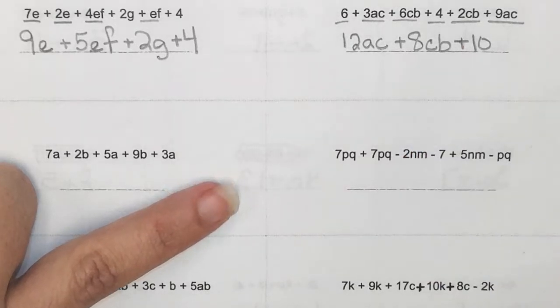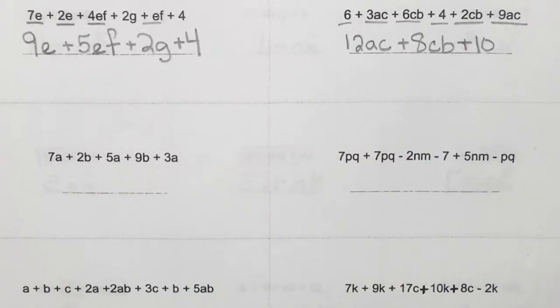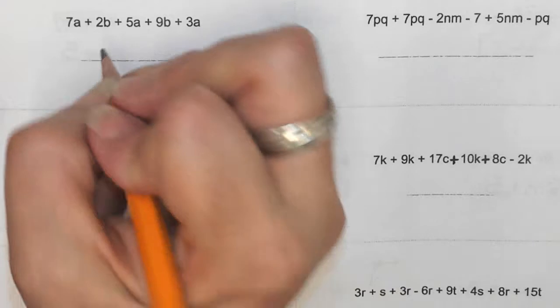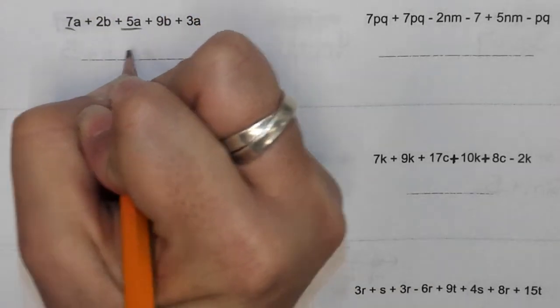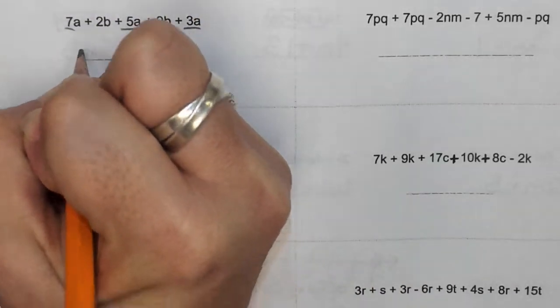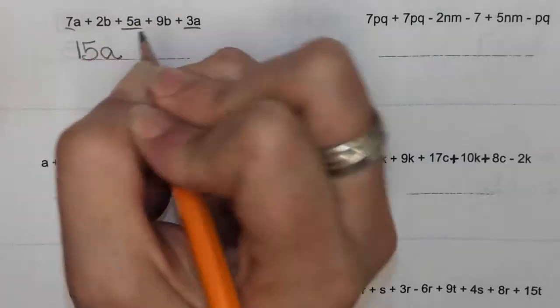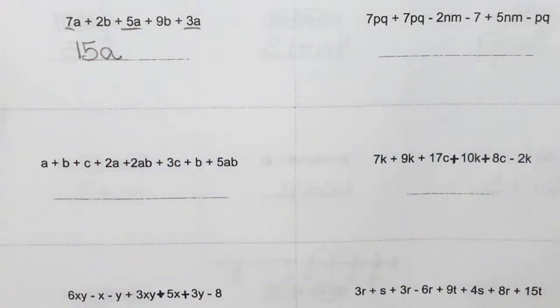Whew. Okay. You need to be checking it. Okay, next one. We've got, let's see, 7A plus 5A plus 3A. 15A? Uh-huh. Oh, I'm sorry. There you go.